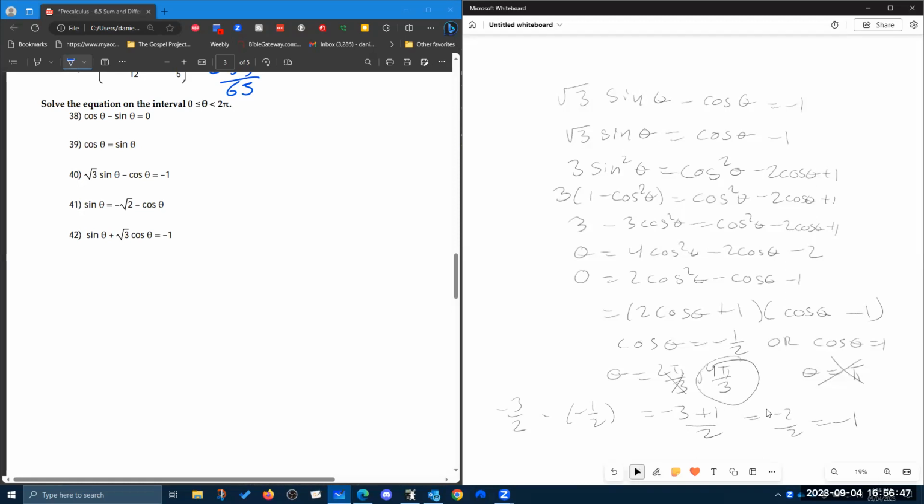This is my correct answer. The first was pi over 4, 5 pi over 4, as was the second. And this one was 4 pi over 3.